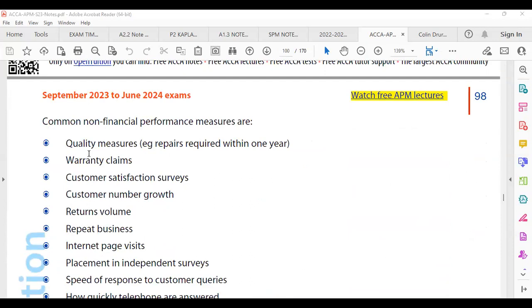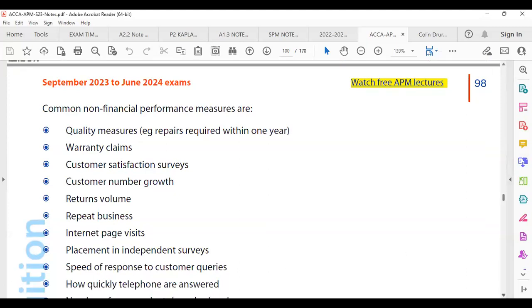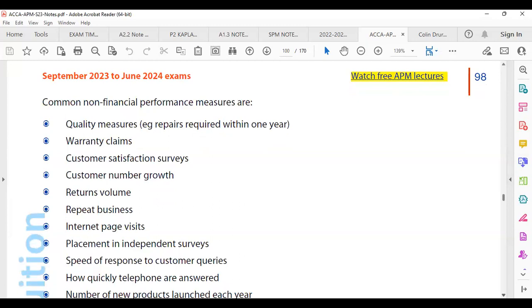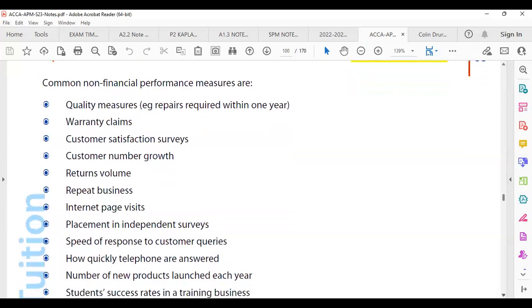When we do financials, we don't really view quality, but the non-financials will come and assess that: quality, warranty claims, customer satisfaction surveys, are customers happy, customer number growth, returns volumes, repeat businesses, internet page visits. All those are data collected to make sure you get the information clearly down. So that is internet placement in independent surveys and the rest of those.